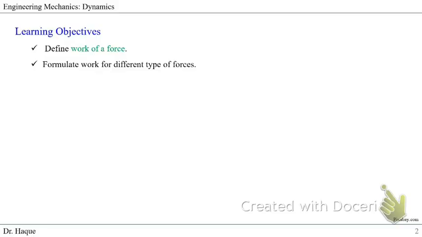So today's learning objective is to define work of a force. We can define work and then see how we calculate it for different scenarios. So formulate work for different types of force. If we apply different types of force, how can we calculate the work for that force?